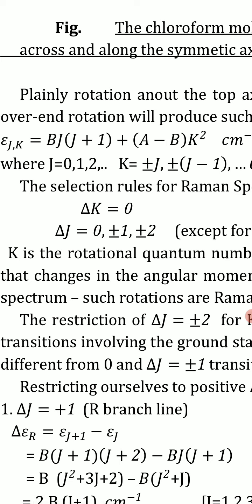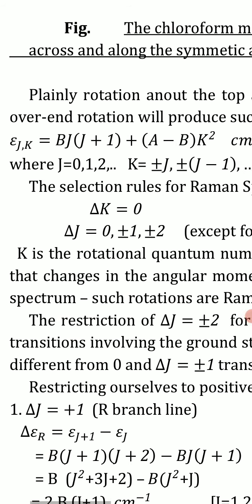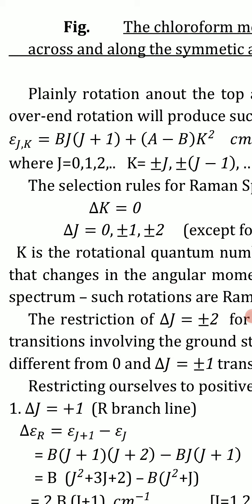First term is similar to the previous case, it is the rotational energy B J J plus 1, and now we have one another term, that is A minus B into K square.